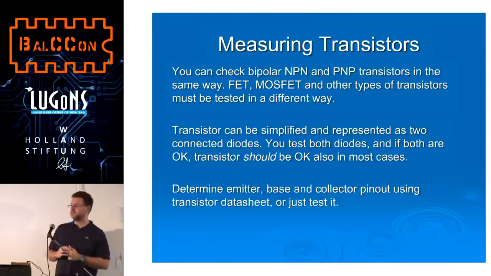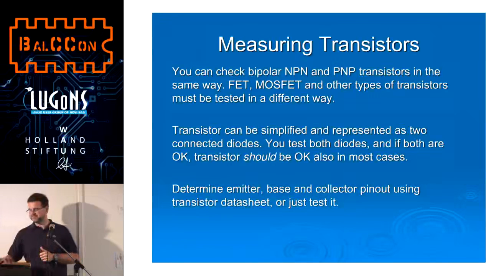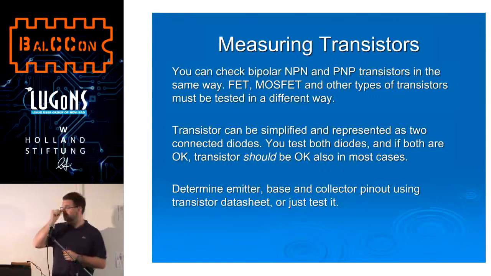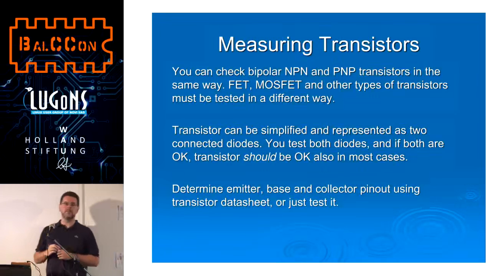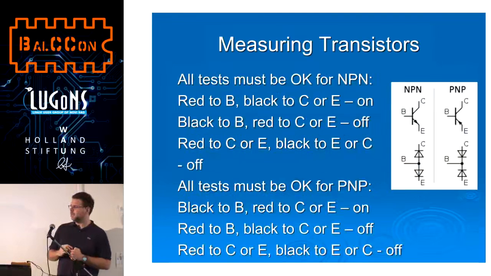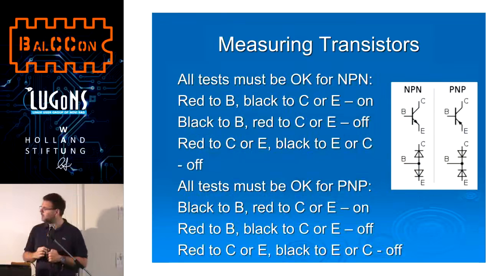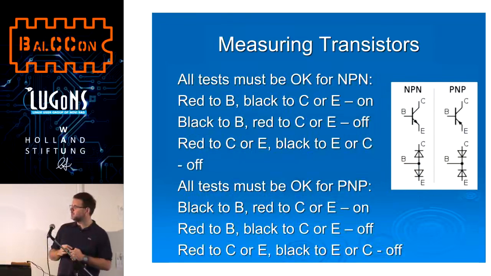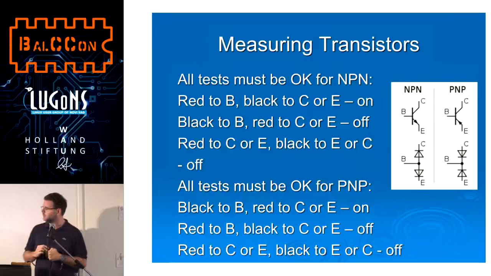You can measure transistors in this way, because a transistor can be shown as two diodes connected, and this is what I mean. NPN and PNP bipolar transistors can be tested like diodes.